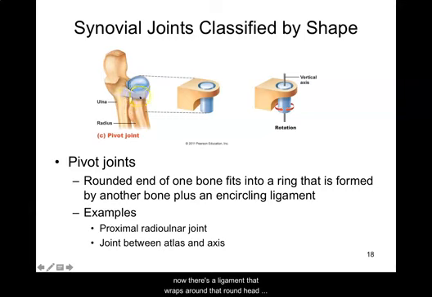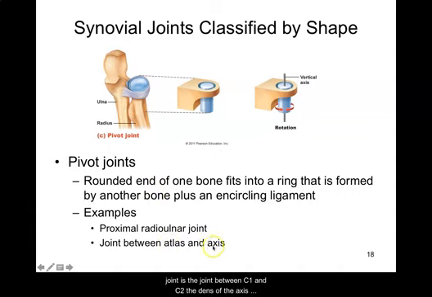Now there's a ligament that wraps around that round head of the radius and holds it in place against the radial notch of the ulna. So the only movement that's allowed here is for the radius to rotate. It can twist within that kind of encircled ligament here. So that is our pivot joint. Another example of a pivot joint is the joint between C1 and C2.